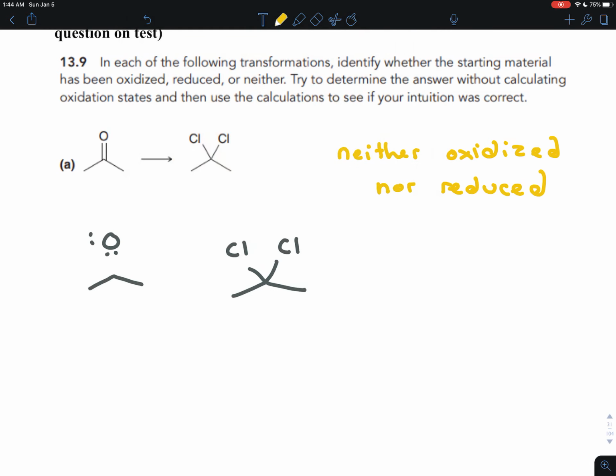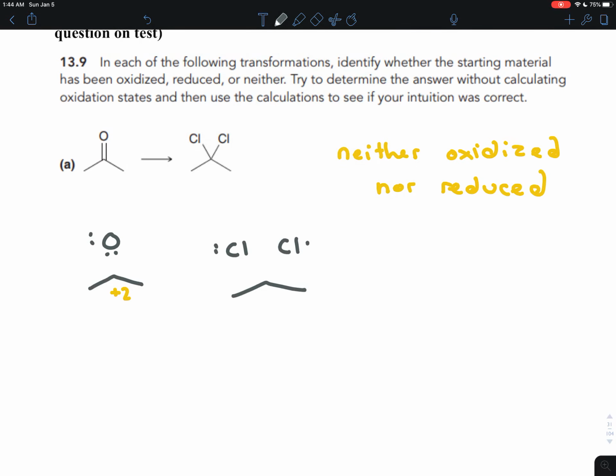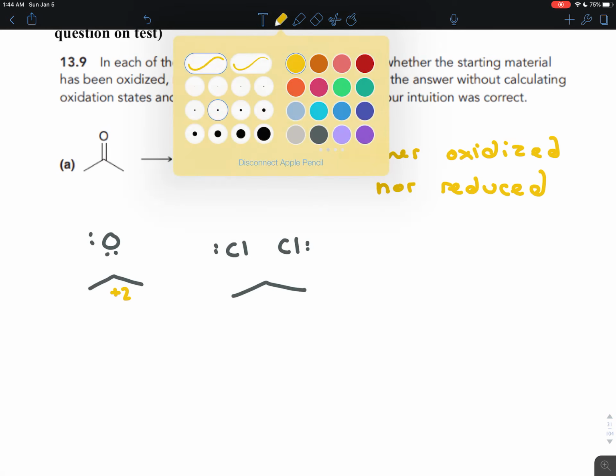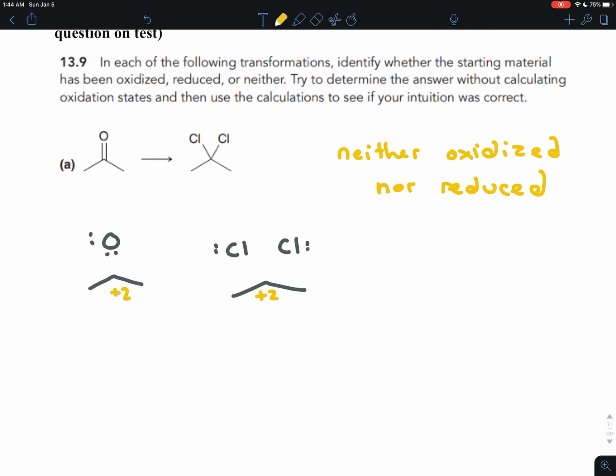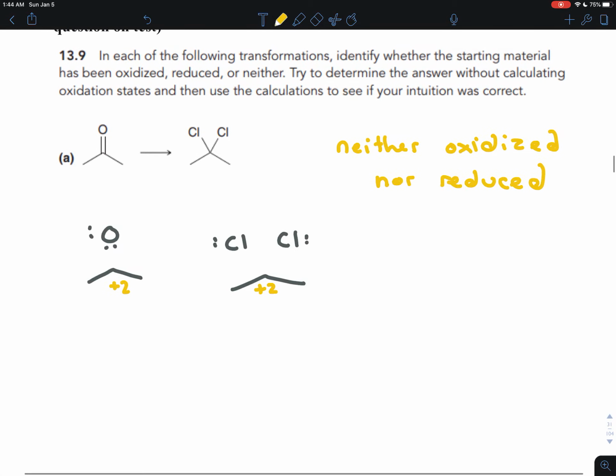And so just from those, we'd assume that we'd have this sort of positive 2 charge on the carbon there. And a similar thing happens here. I myself find that the calculations are a little bit cumbersome, and they make it a little bit more complicated. It's often more useful just to look at the number of bonds to electronegative atoms.